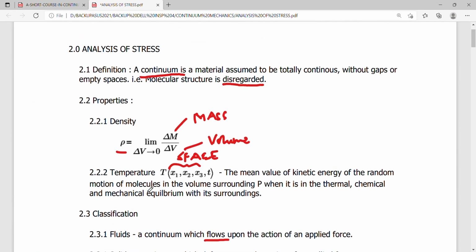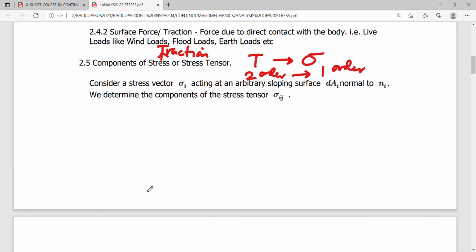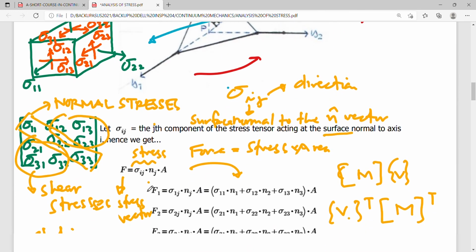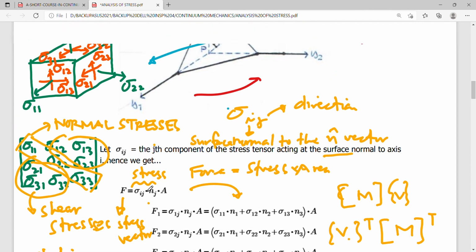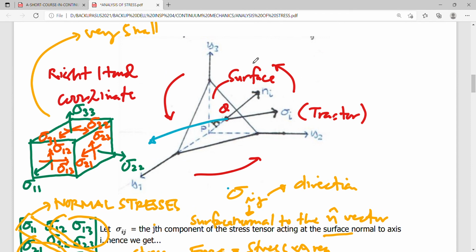I hope you have understood what the terms and the notations are all about, the definitions of the properties involved, and also the derivation of how the stress vector or the traction vector came up from the stress tensor given and the normal vector as presented here in this figure.